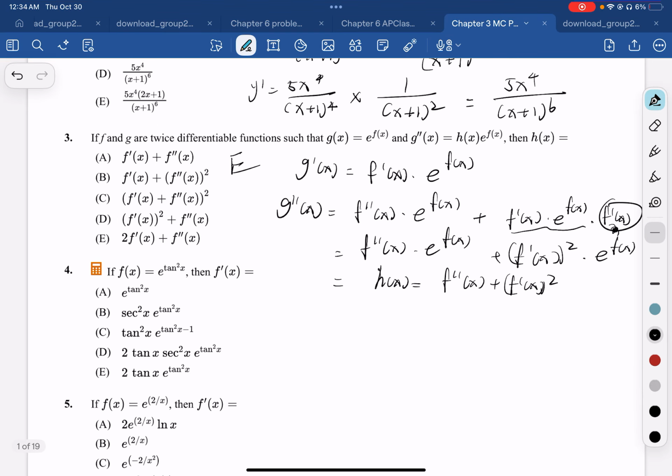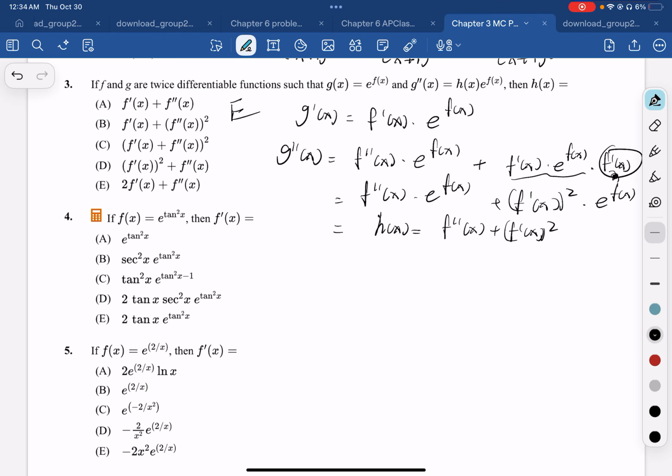All right. The next one, if f of x equals e raised to tangent square x, then f prime of x. So this one is really classic, I mean the general question. So we do the general rule for exponential function, especially the base of e. So this one gives us tangent square x prime times e raised to tangent square of x.